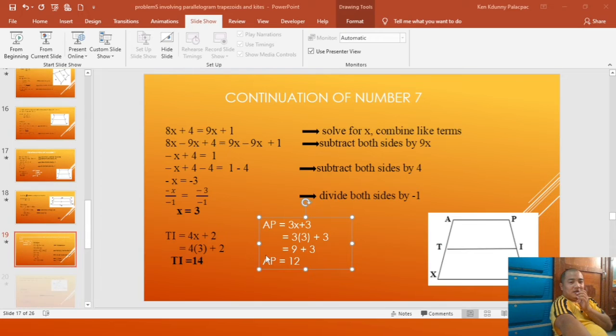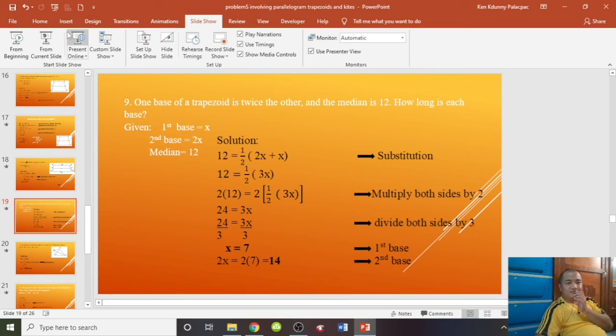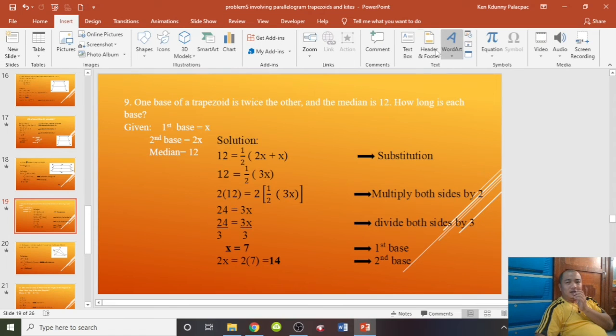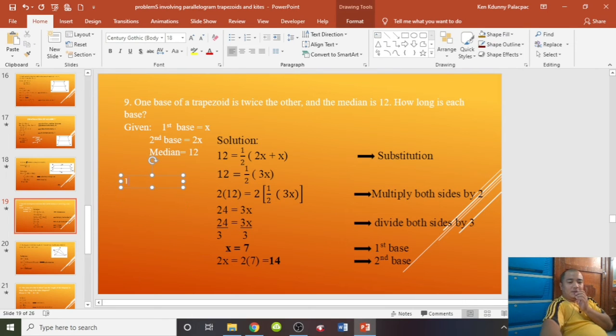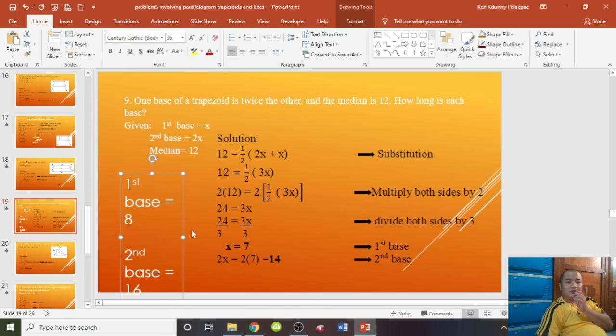Let's write the correct answer. So the first base is equal to 8, while the second base is twice 8, 16 units. Okay, typographical error again. I'm sorry for that.